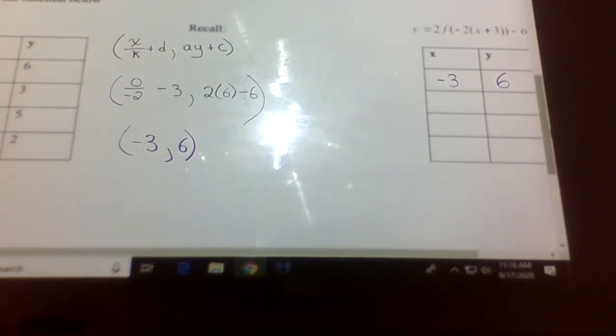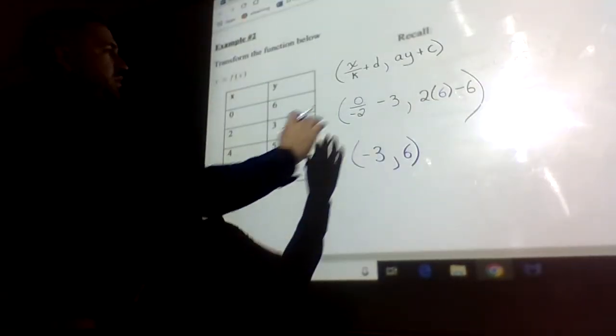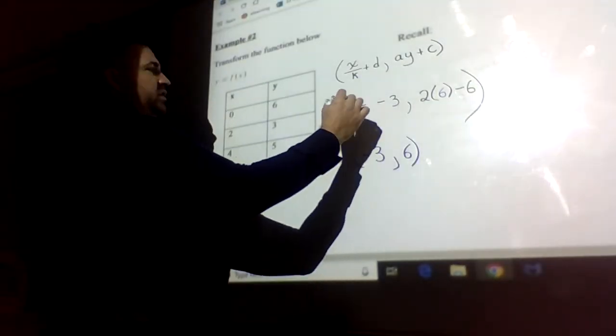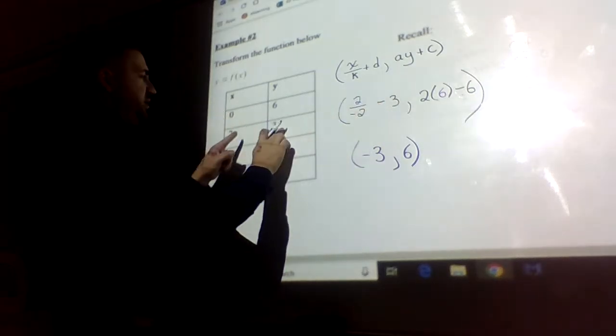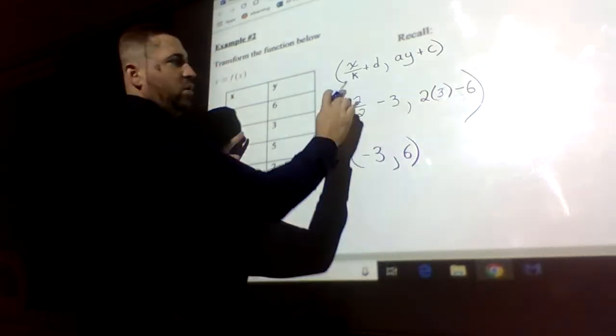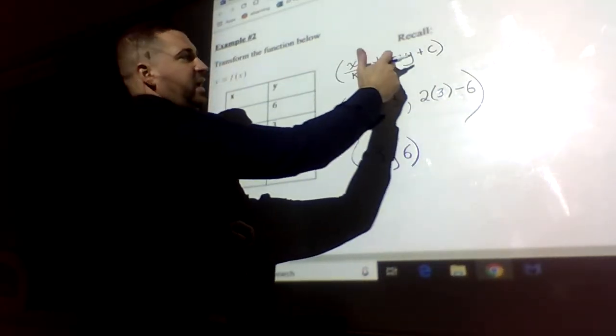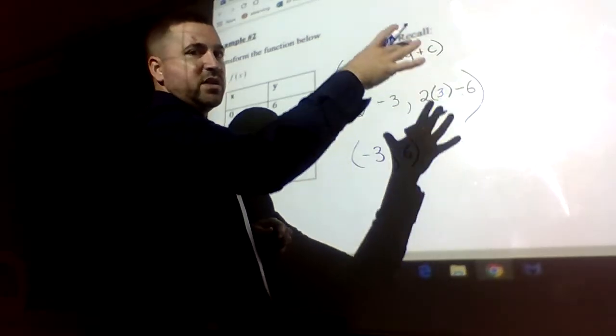Let's try another one. We're going to use the next point, so 2 and 3. We're only changing the x and the y because the k, d, a, and c do not change. They stay the same.